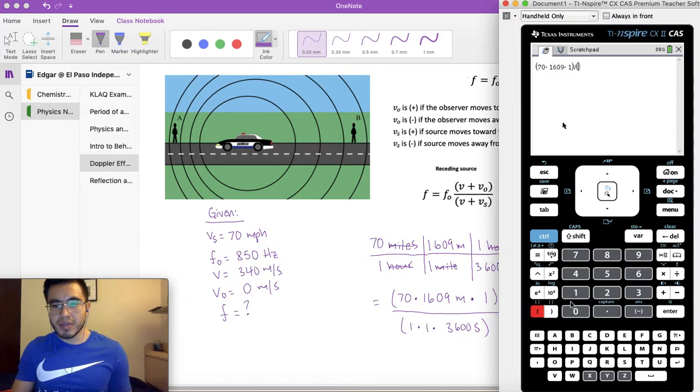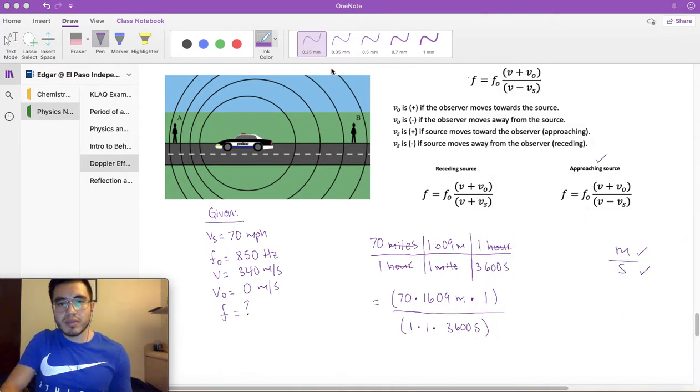Divided by parentheses 1 times 3,600. Press enter. We have a fraction. Control enter to get a number. So we have 31.286. Let's round it to 31.3. Okay.